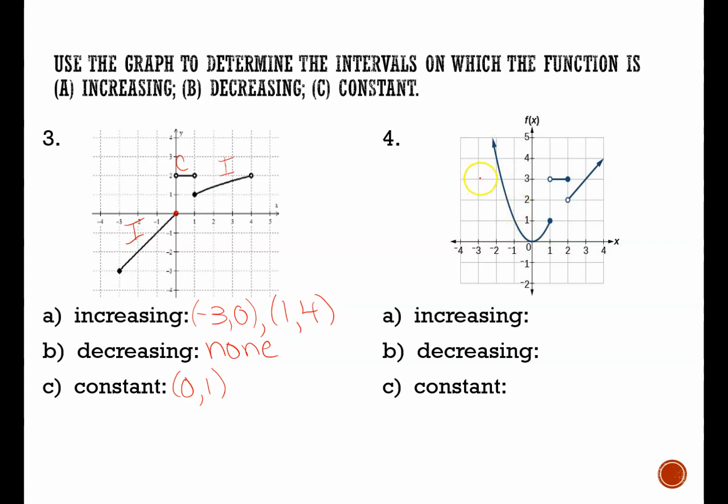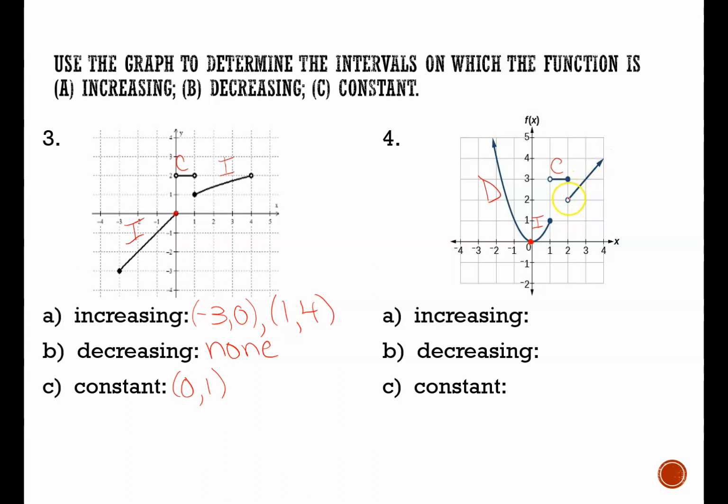The graph is decreasing all the way till we get to this point. Then it turns and it starts going up. Just for a short interval there, it is increasing. And that one you have to be careful on. This interval here is one that I see a lot of students miss when they're doing problems like this. Okay, then up here we've got a constant interval.